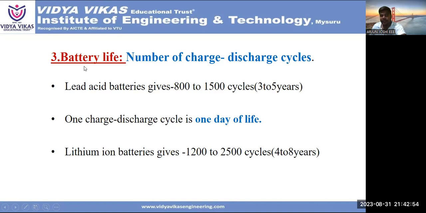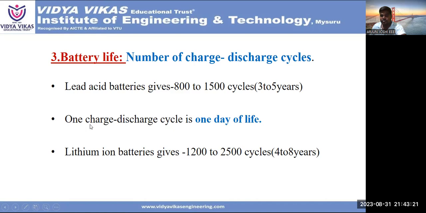The next topic is battery life, meaning the number of charge and discharge cycles. Lead acid batteries give 800 to 1500 cycles. One cycle is one day: complete charge and complete discharge. At 365 days per year, 1500 cycles is around 3 to 5 years of life for a lead acid battery.